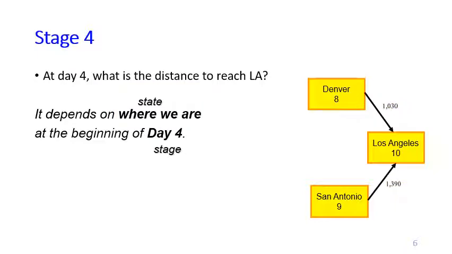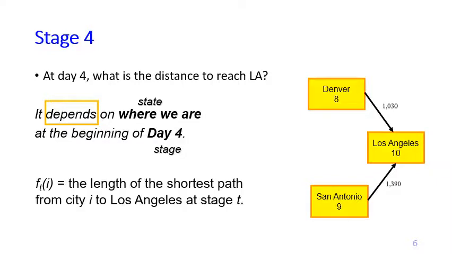So to answer the question of what is the remaining distance to reach LA at day 4, let me shift your attention to this word: depends. It depends whether we are in Denver or in San Antonio at the beginning of day 4. So we may define F_T_I, which is the length of the shortest path from city I to Los Angeles at stage T. Let's look at the numbers first.